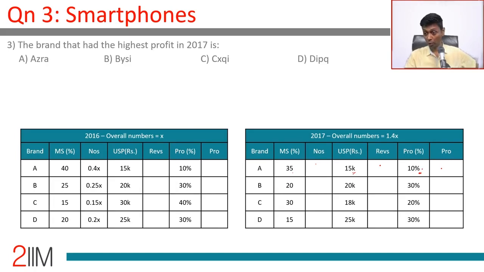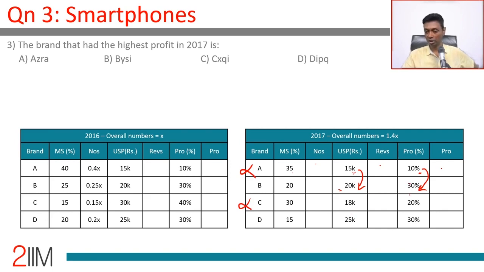And so here the profitability is 3 times. This is higher priced. This is only less than half. This is still more than half. So it is not A. 20% of 1.4 into 20K into 30% will be higher than A. So I don't need to find the number. And so 20%, 20 to 30, 30% to 20%. These two will offset each other. The USP, the unit selling price is higher. So B is greater than C.